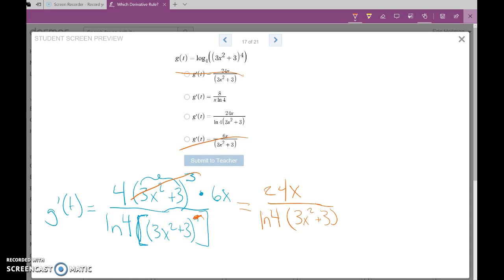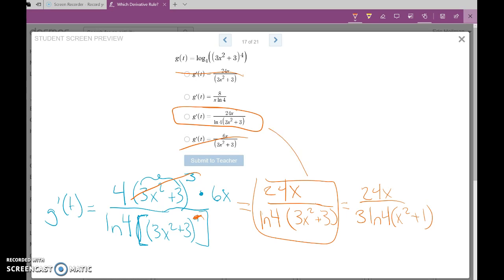A 3 can factor out of the 3x squared plus 3. Well, we could, but the answer choice is already here. It's C. This is exactly what C was. This would also have been equivalent to 8x over natural log of 4 times x squared plus 1, if that had showed up anywhere. Oh, interesting. I should have done that. Oh well. Regrets.